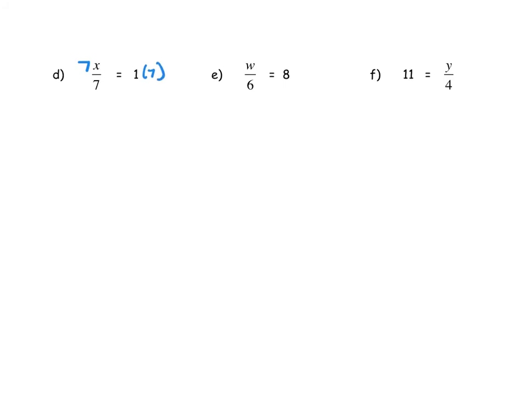So if you don't want to write the 1, you can write whatever number you see being divided by 7 at the top, and we're going to get 1x equals 7. However, many of my students were more comfortable continuing to show that they're in fraction form on one side and not in fraction form on the other side. It's really up to you.